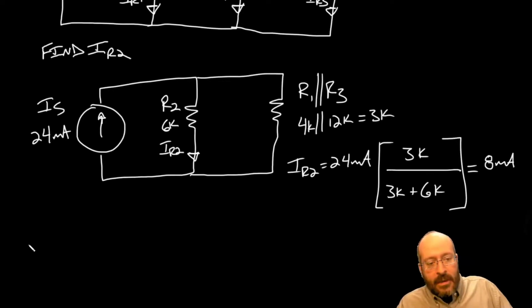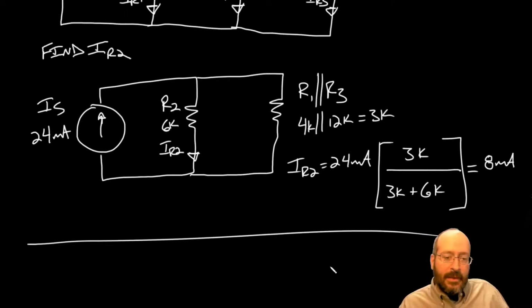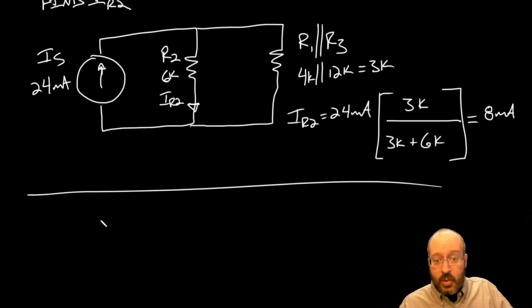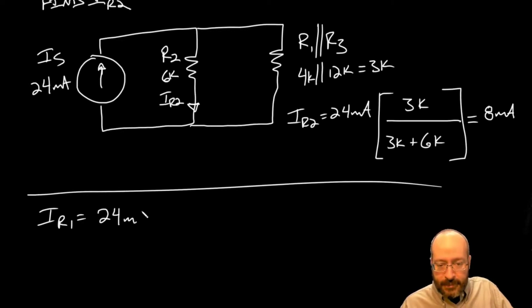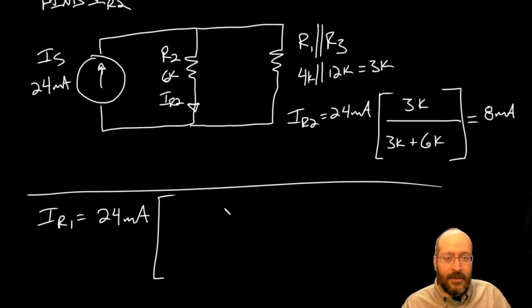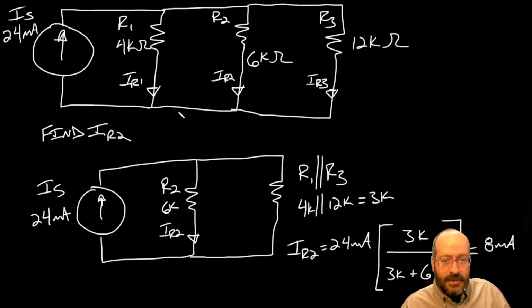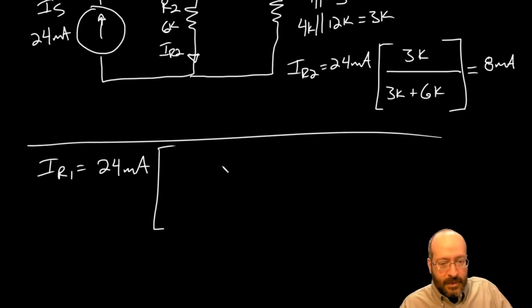Okay, so we can play the same games with the other two currents. We can say, well, IR1 is going to be 24 milliamps. Okay, the opposite branch resistance is going to be the parallel combination of the other two, right? So if I'm finding this current, I want to combine these two in parallel. So this is going to be 6K in parallel with 12K.